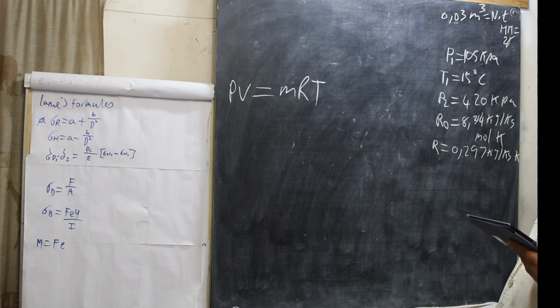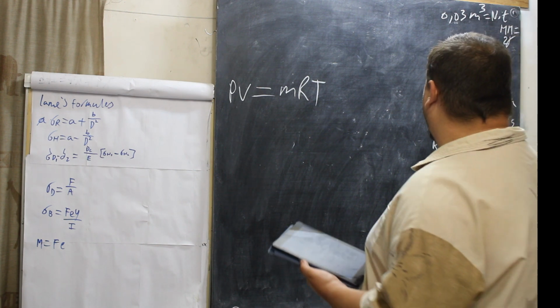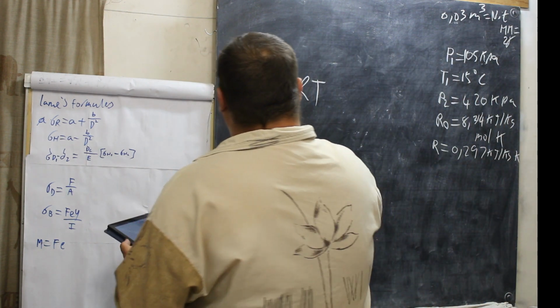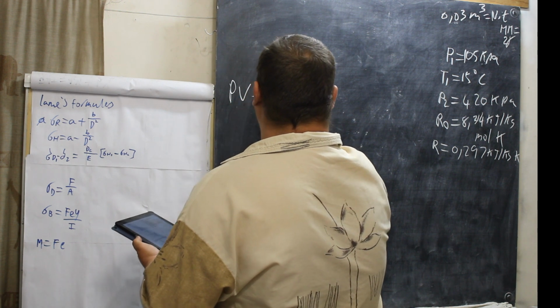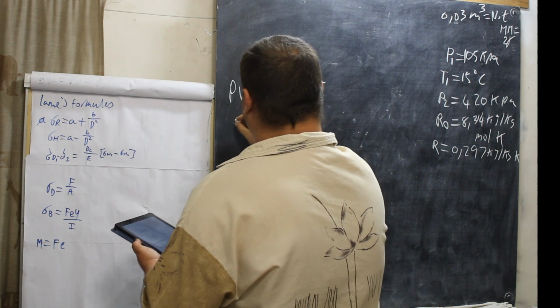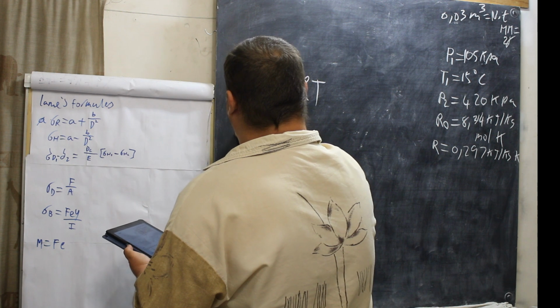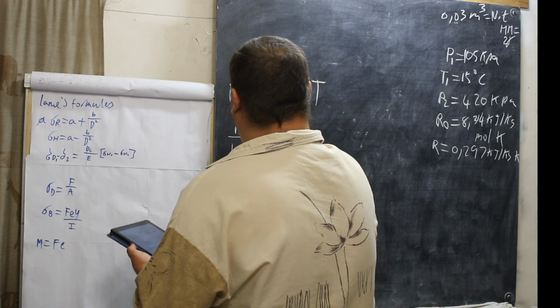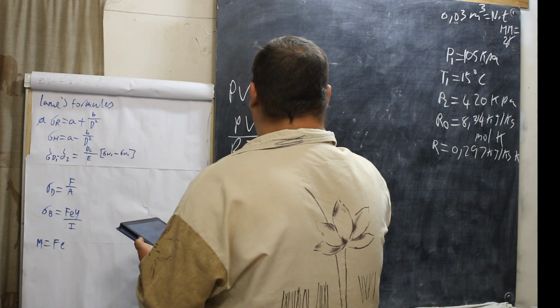So now what we're looking for is m, small m. So we have P, we have V, we have R, we have T. So it is PV over RT equals m.